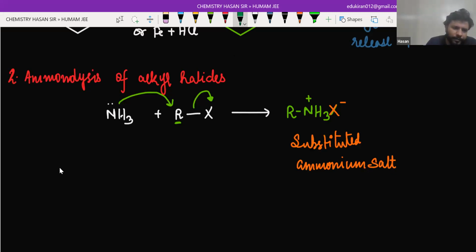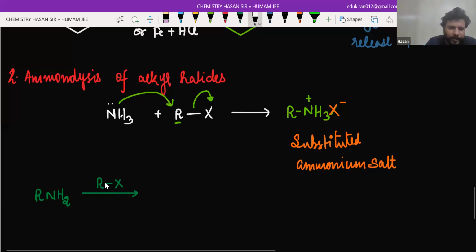Very simple it is. If you have 1 degree amine, RNH2, and you are going to react this with RX, you know what will happen.